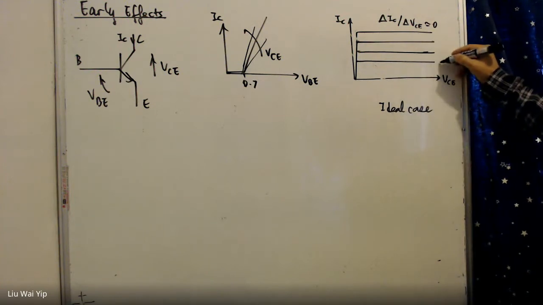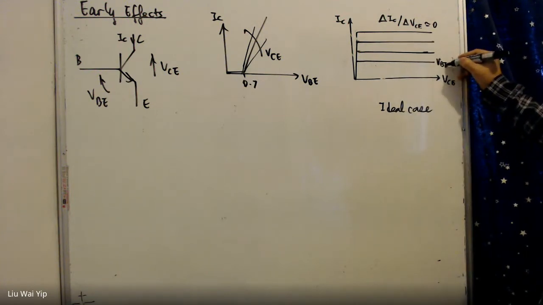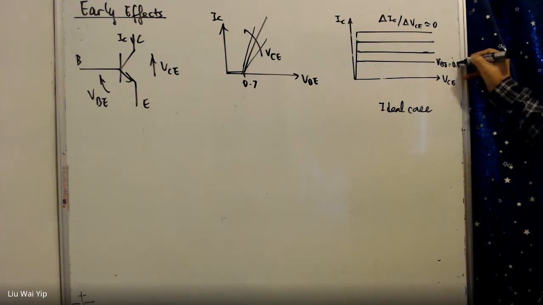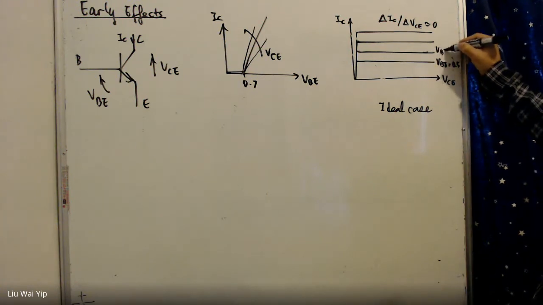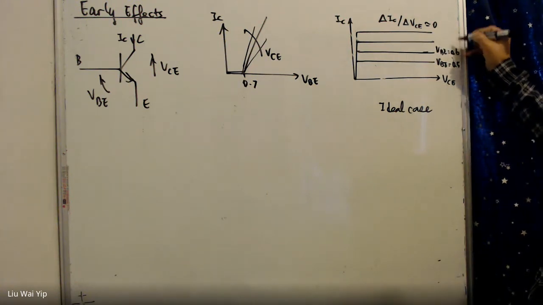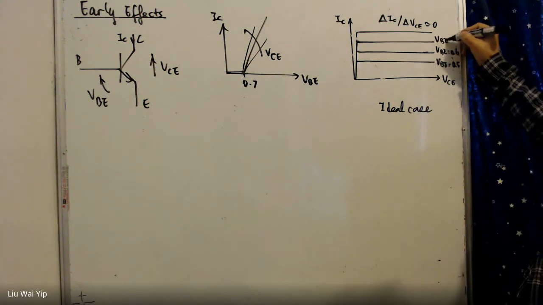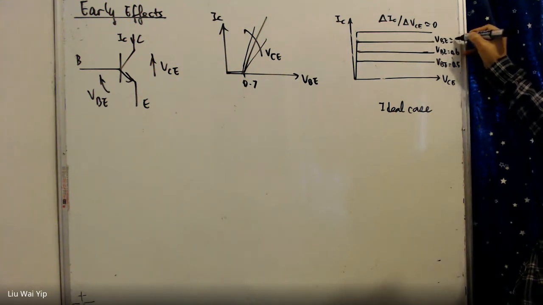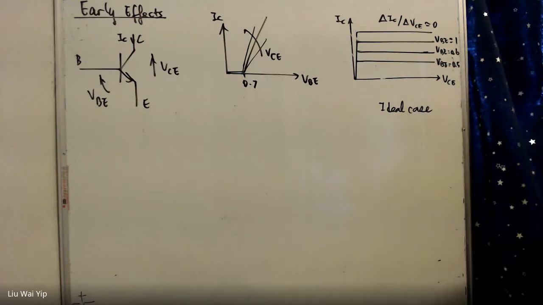For instance, the VBE here is just 0.5, and VBE here is 0.6. VBE here is 1 volt, for instance.